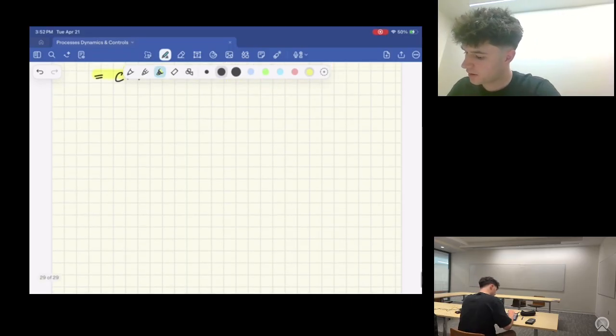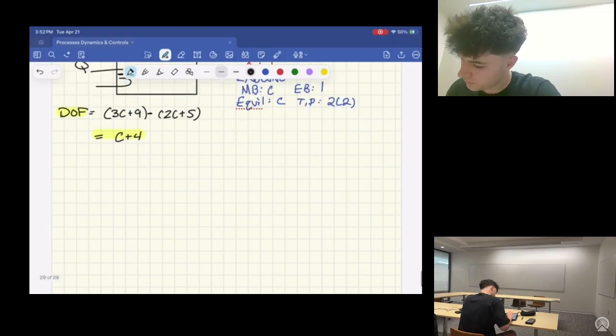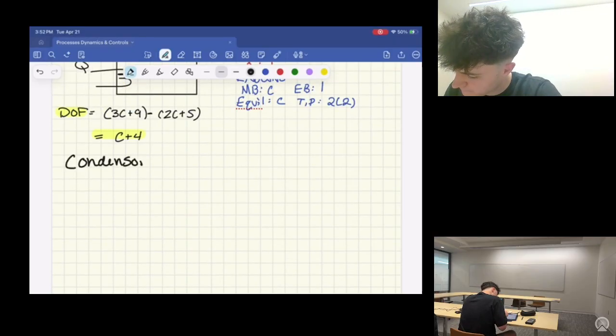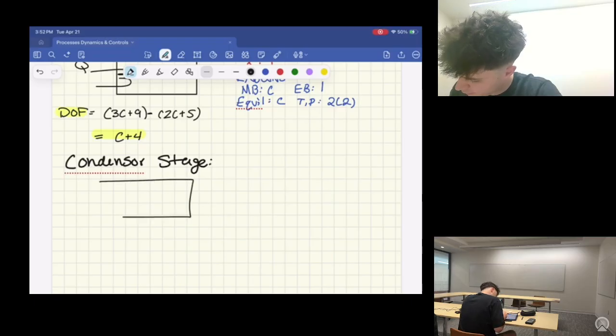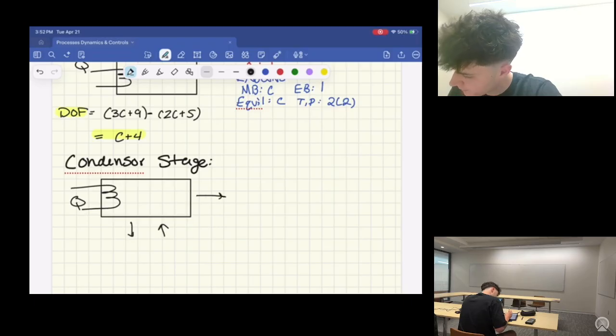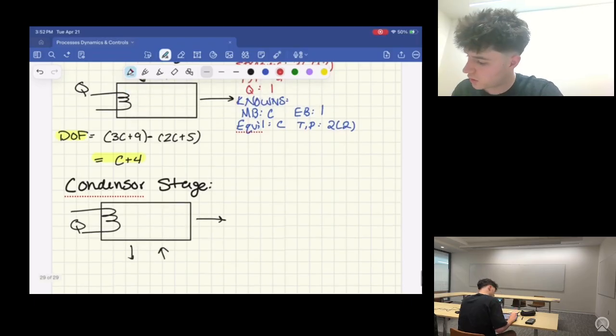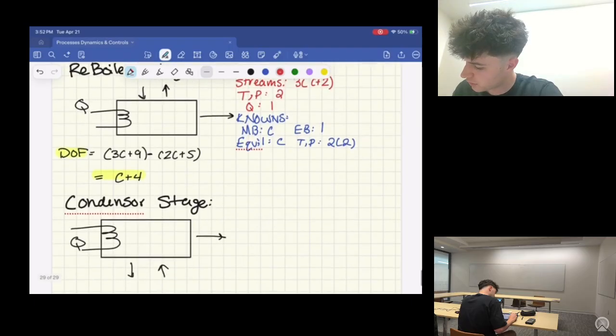So now we have our condenser step, which I will write here. Condenser stage. We will draw our box per usual. Now we have this Q here. Now our in and out are at the bottom. So we're going to do our solve for this.